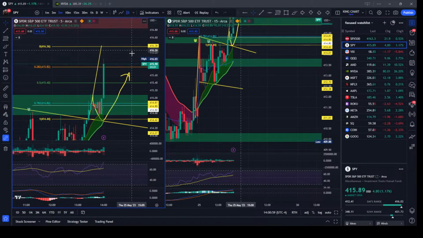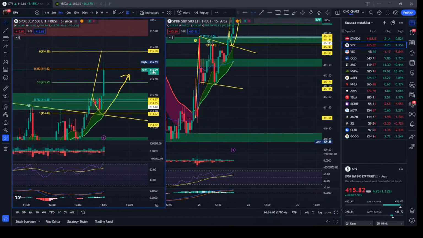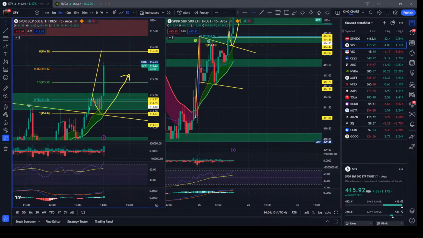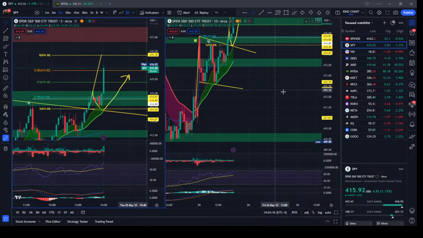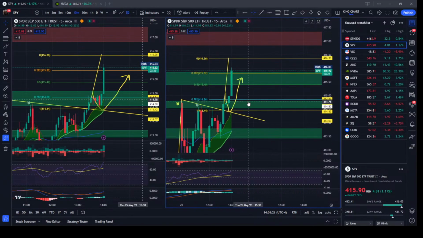Oh my God, guys, look at that. 415, hit a high of 416 on SPY. Wow, to the moon. Unfortunately, we missed it, but all we can do. But I hope you guys understood the way I'm looking at things.